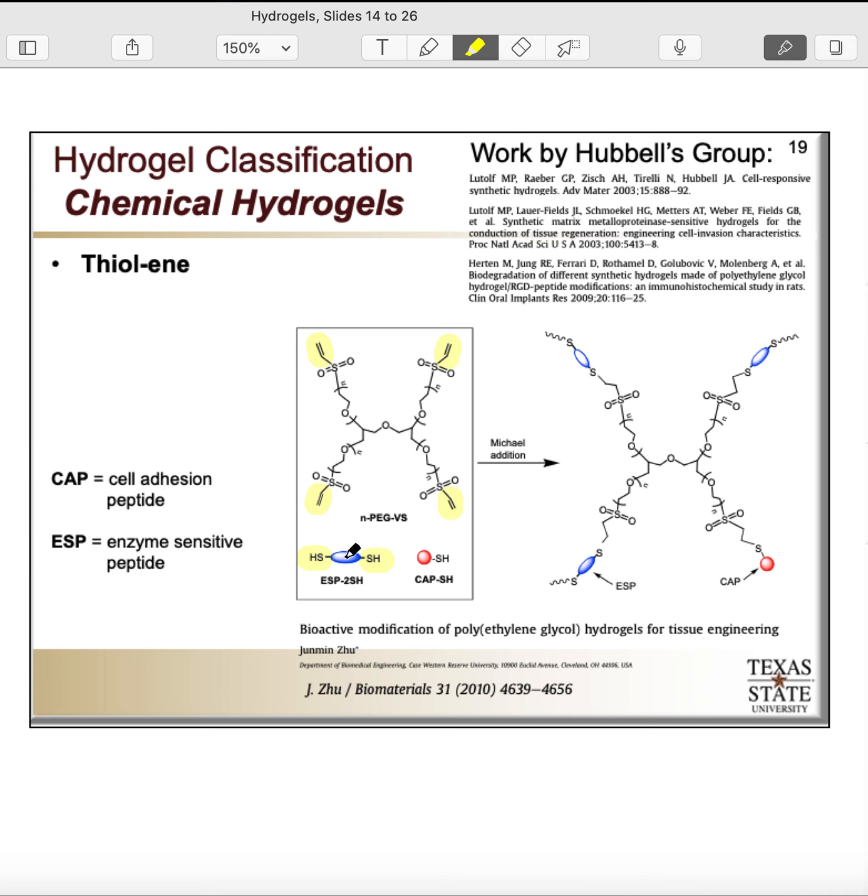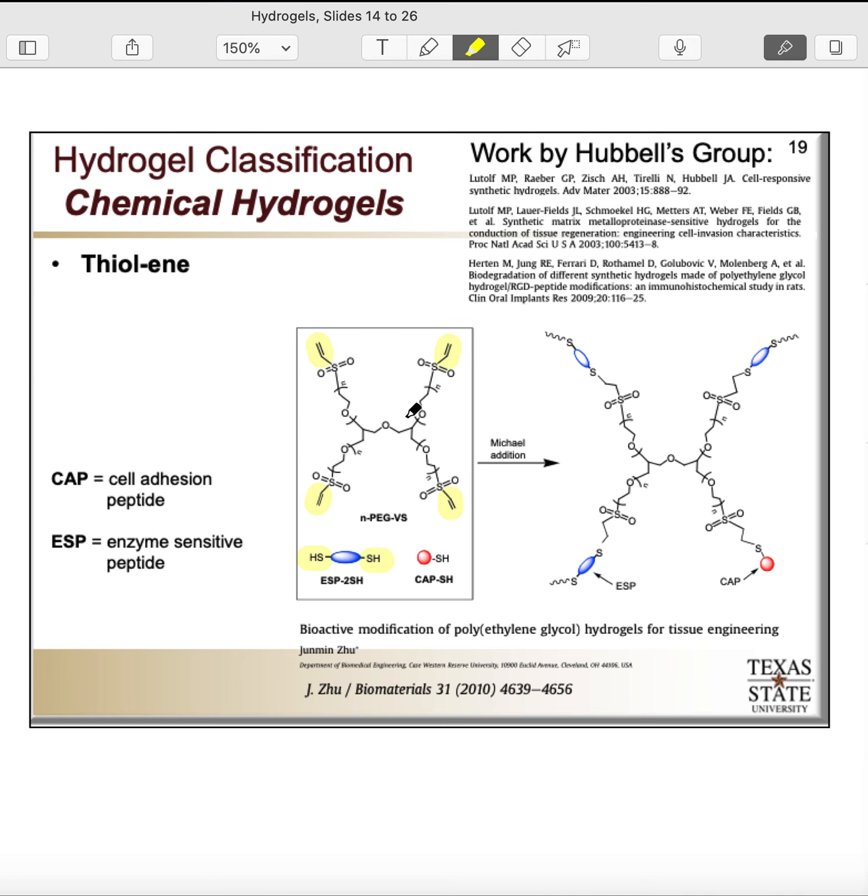This would act as the cross-linker, bringing together many of these together. In this particular case, this is actually an enzyme-sensitive peptide. That's what ESP stands for, meaning that this cross-linker would actually be biodegradable through the action of enzymes that are liberated by the cells that they were trying to utilize this hydrogel for.